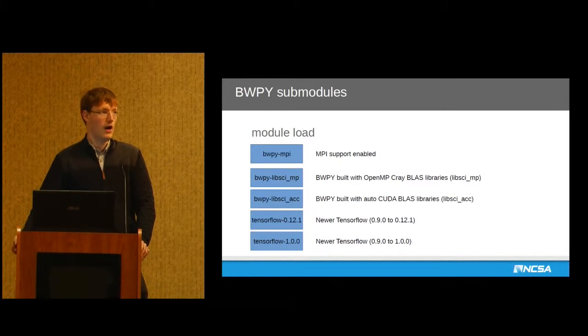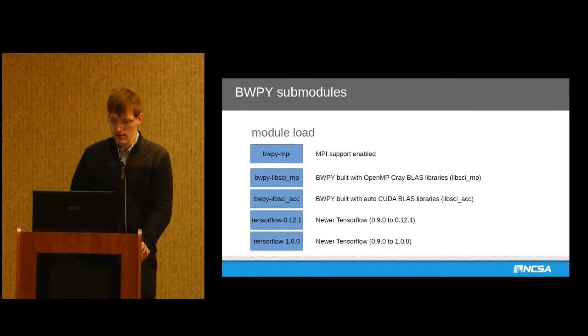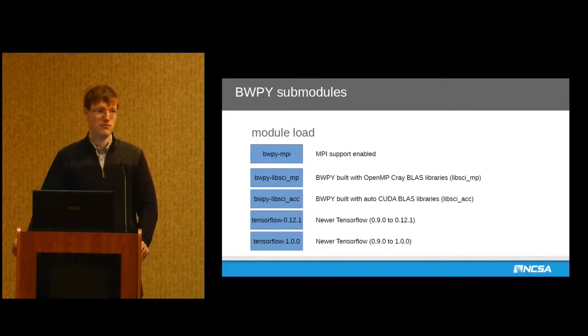Those might be worth looking into since the CPython interpreters all have a global interpreter lock, you can't really do threading all that easily. So you might want to look into a parallel BLAS. Then I also have a couple TensorFlow modules because those come out way faster than I release BWPy.